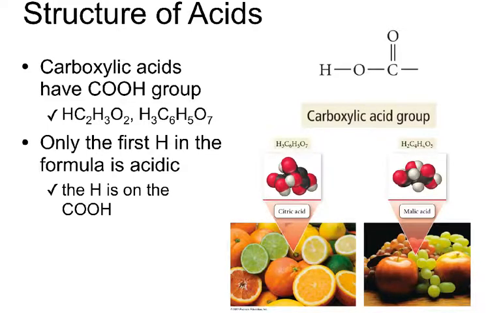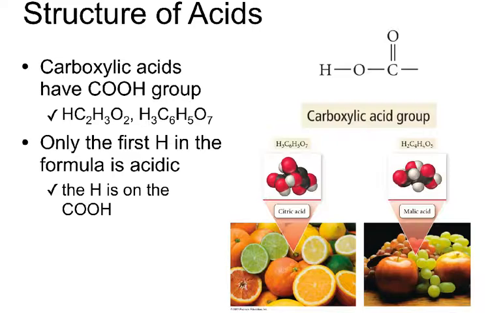And so the first H in the formula is acidic. If there are other H's around, they are not acidic. So for example, acetic acid is HC2H3O2. That first H is acidic, the other ones are not. And then citric acid is the other example there, has 3 acidic hydrogens and 5 that are not acidic.